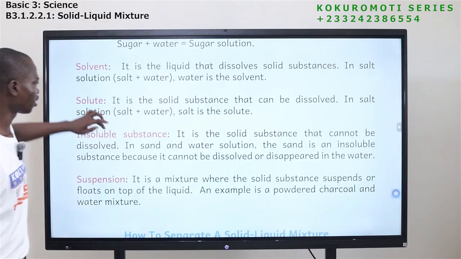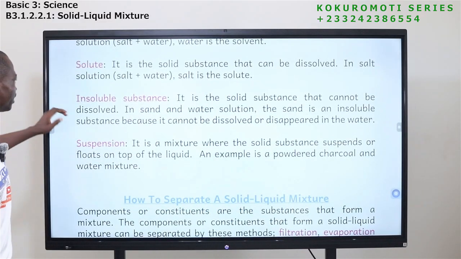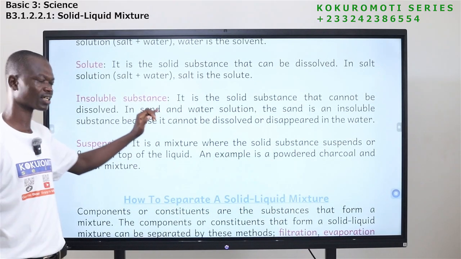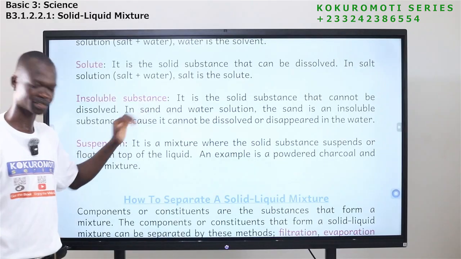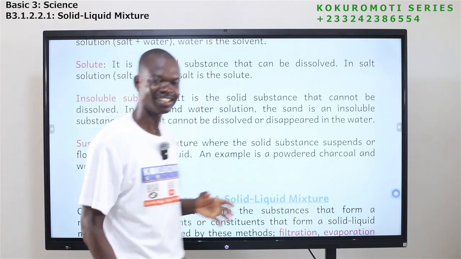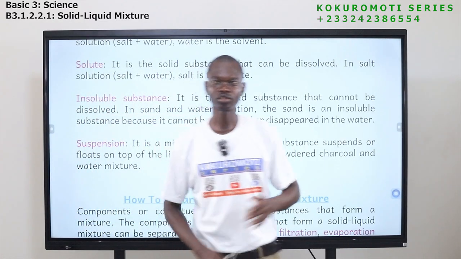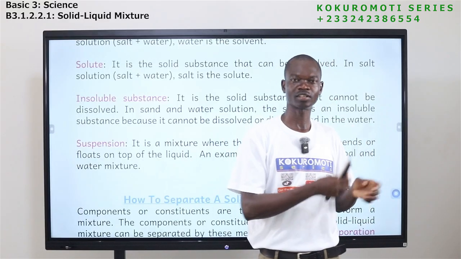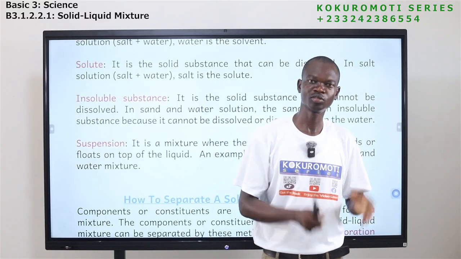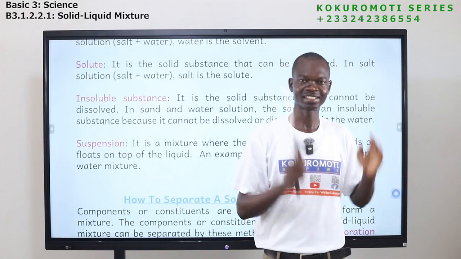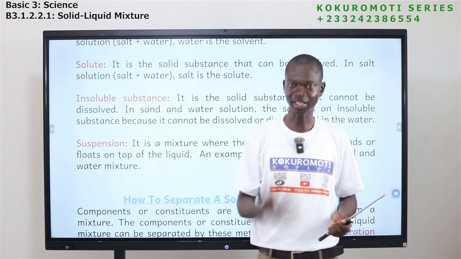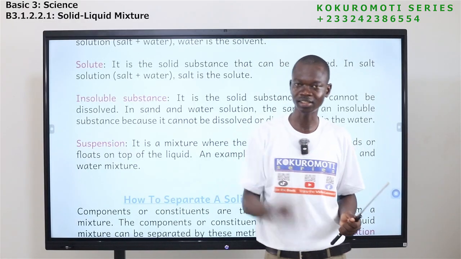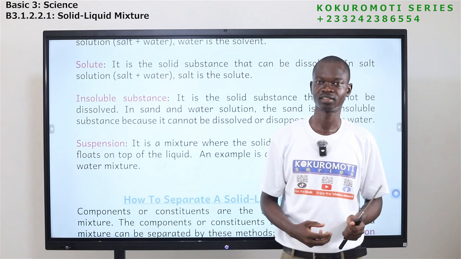Okay, now let's come here. The next one is insoluble substance. I gave two examples, salt and water, and also sand and water. If you mix this sand and water, you will still see the sand in the water after 20 minutes, after 30 minutes, after 1 year, after 2 years.